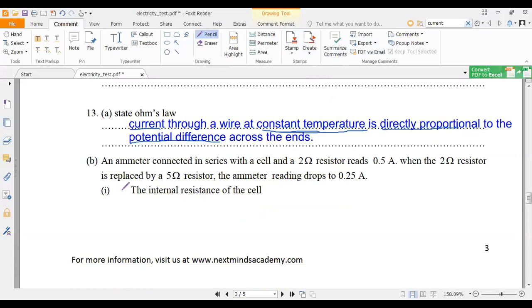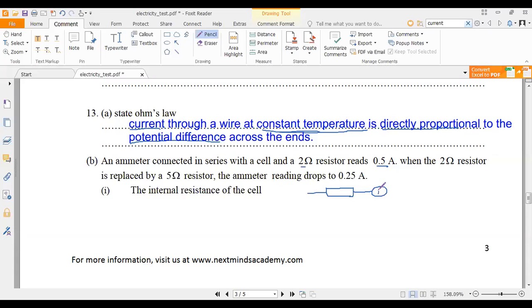So part B, we have a question here which says that an ammeter connected in series with a cell and a 2 ohms resistor reads this when connected with a 2 ohms resistor. So meaning that if I'm to draw a simple circuit, maybe it is arranged somehow like this.